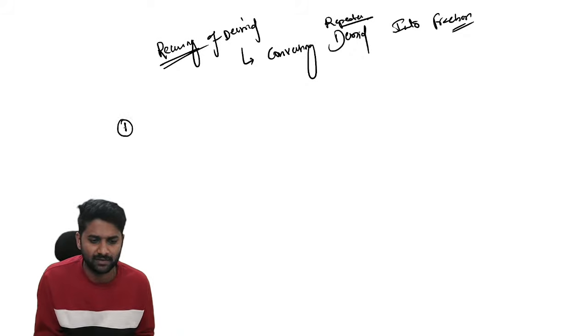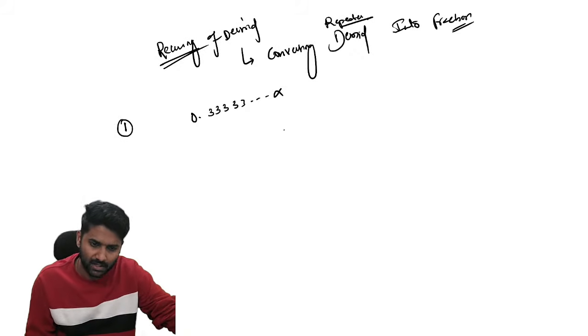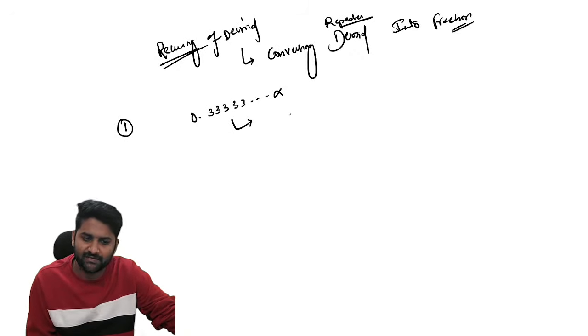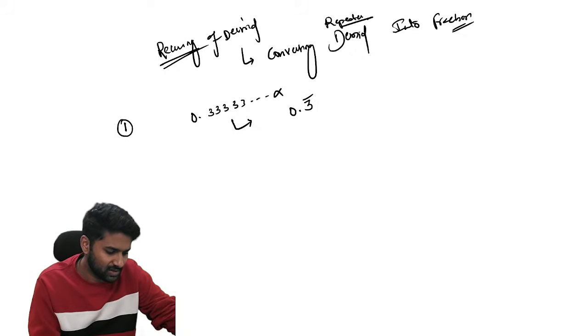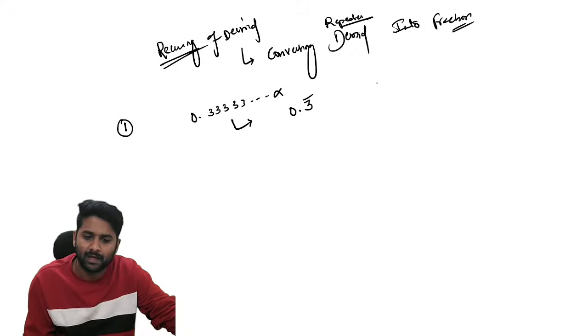Let's take an example: 0.33333 infinity. See what is the fraction value of this recurring value. You know that 0.333 infinity is 0.3 bar. Here bar means there is a digit which is repeated an infinite number of times. Now you have to convert this value into a fraction.